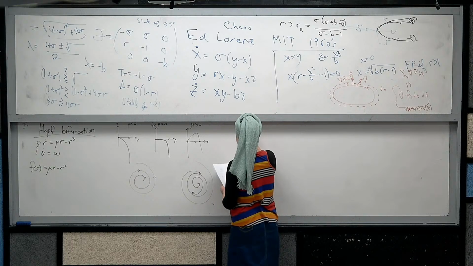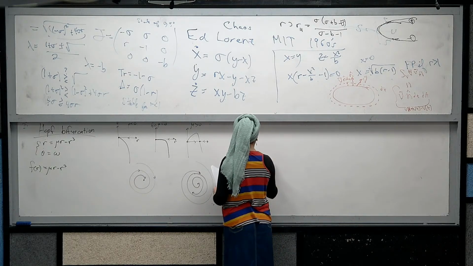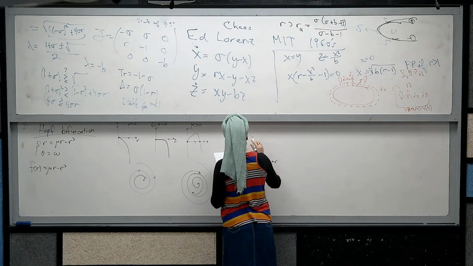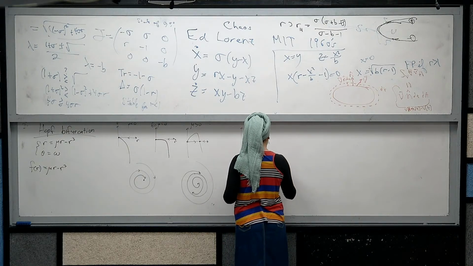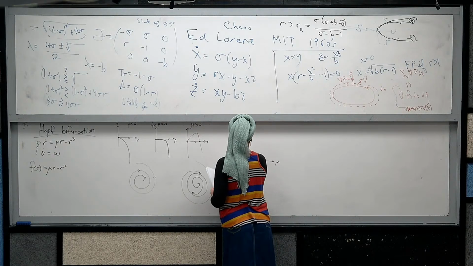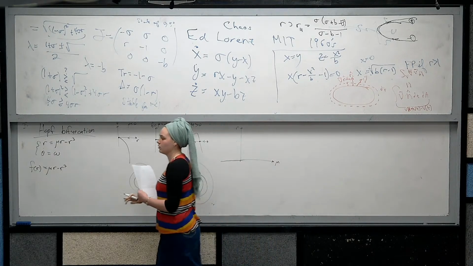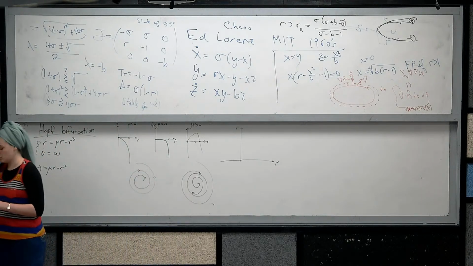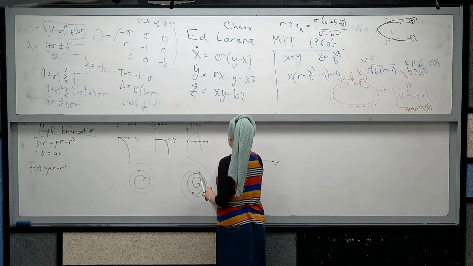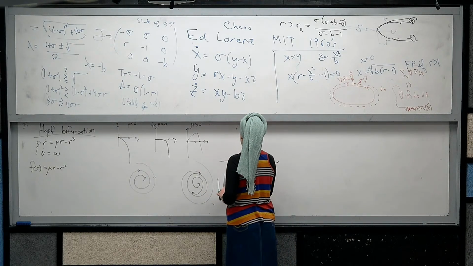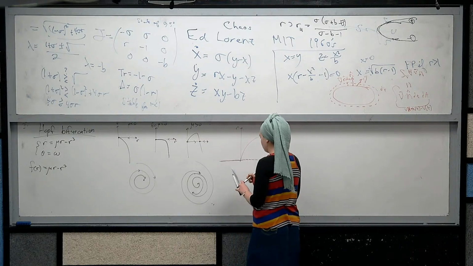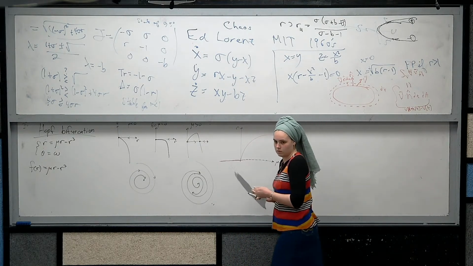So how does the diagram look? We have r and we have mu. I'm sorry, this is mu and this is r. For mu lower than 0, we have a stable r and an unstable 0, and the diagram looks like this.